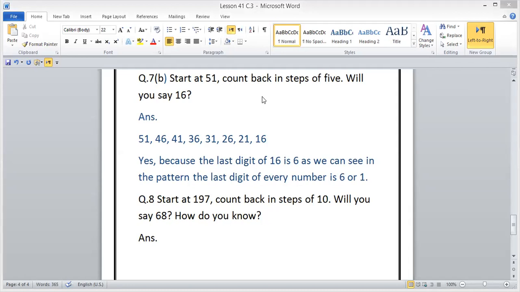You can share this answer in the chat box. I'm not going to open your mic. How do you know that 68 will not come in the pattern? Anyone would like to tell me? When you start from 197 and count back in steps of 10, why don't you have 68 in the series?